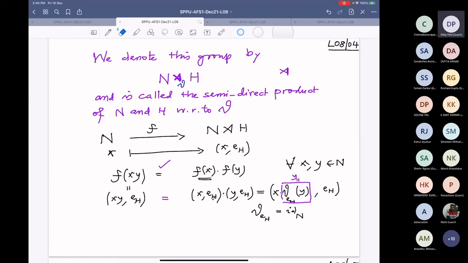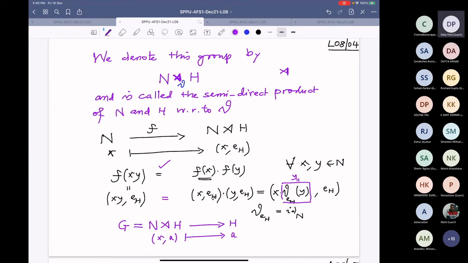So we have to check that the image F(N) here is a normal subgroup, or it is maybe better to check that from G, this group, I just take the second projection. That means any (x, a) goes to a. And I should check it is a group homomorphism, and I should check the kernel is N.